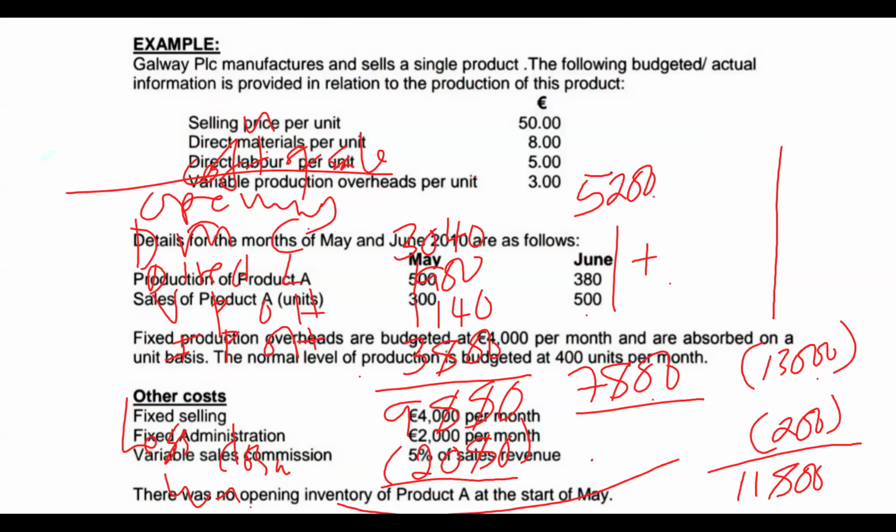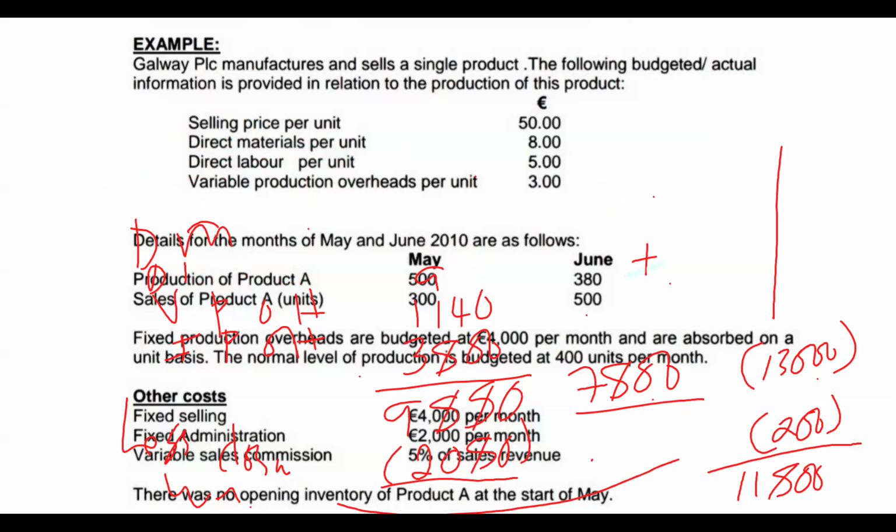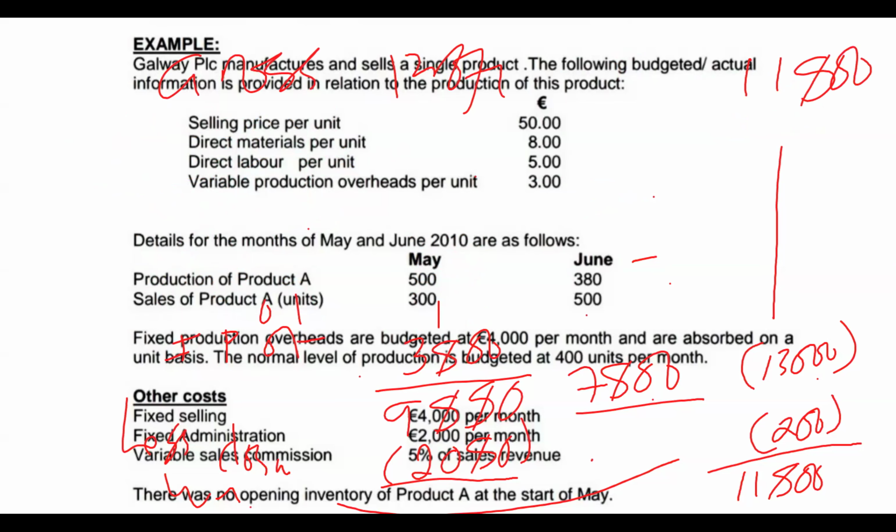Okay. Let's go ahead now and find the net profit, since we already have the gross profit. What do we have? So gross profit is equal to what? It is 11,800. And what do we do from here? We can now deduct all the non-factory costs.